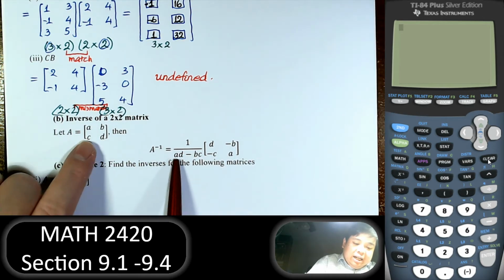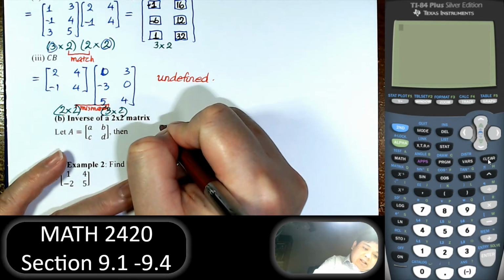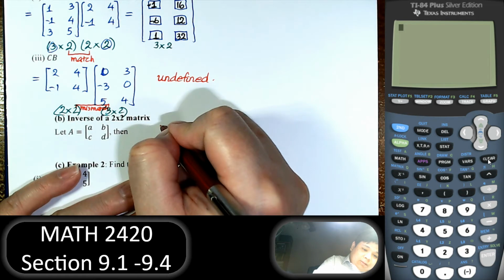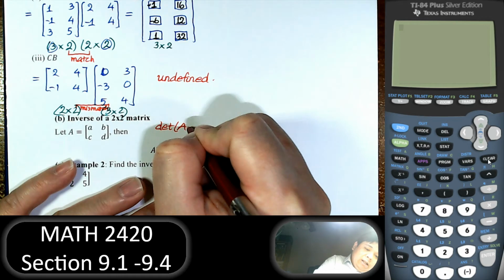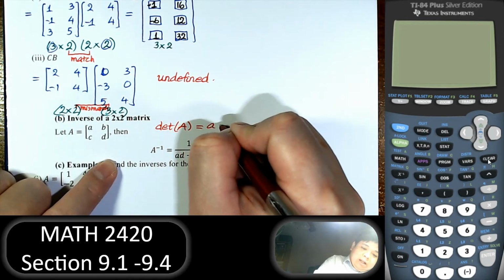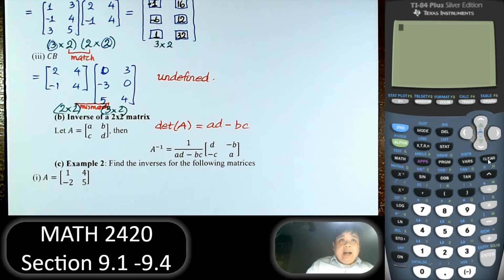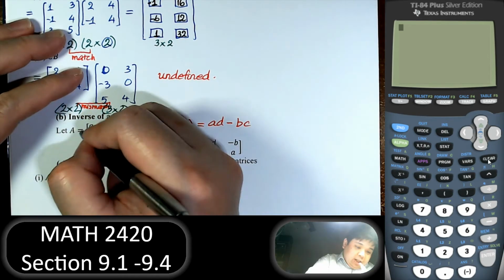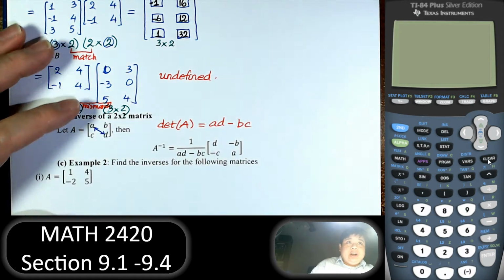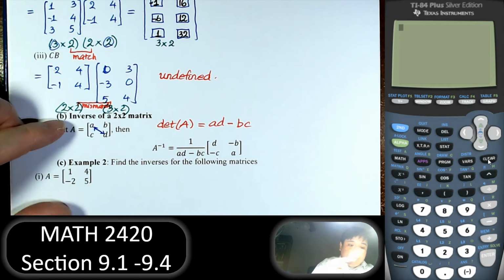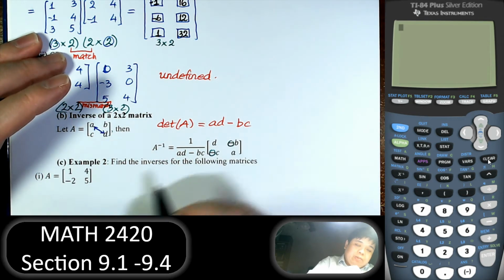First of all, AD minus BC, A times D minus B times C, is the determinant of A. And in terms of the 2 by 2 matrix, these 2 entries interchange places, and then we change the sign of the other 2.